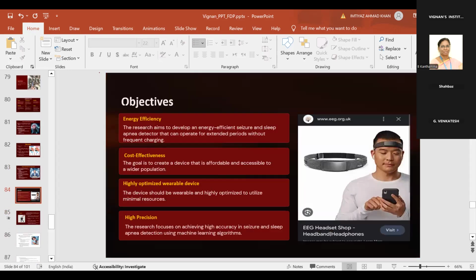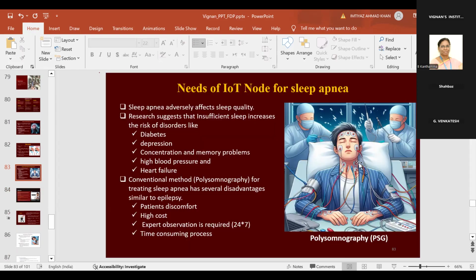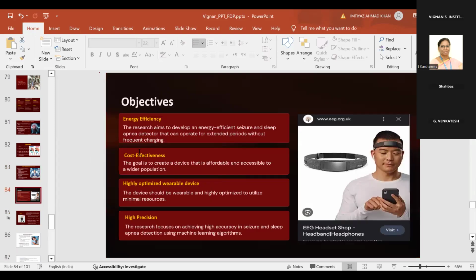The main objective of an electronics engineer for this type of disease is energy efficiency: to develop an energy efficient seizure and sleep apnea detector.